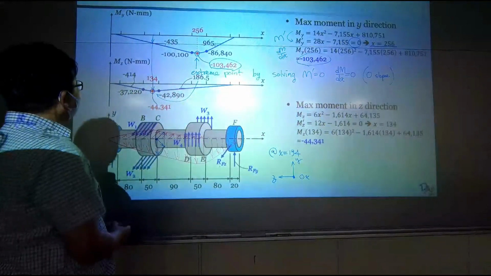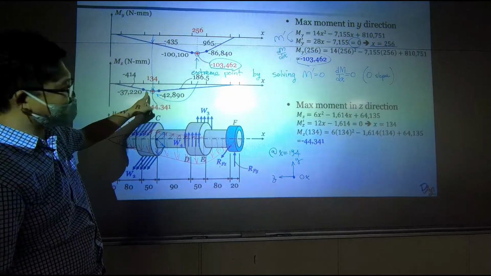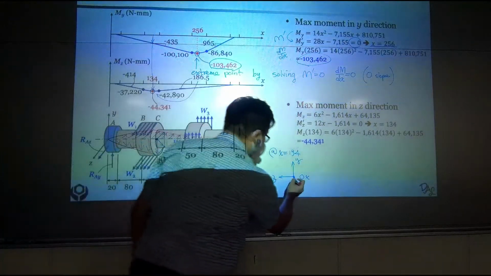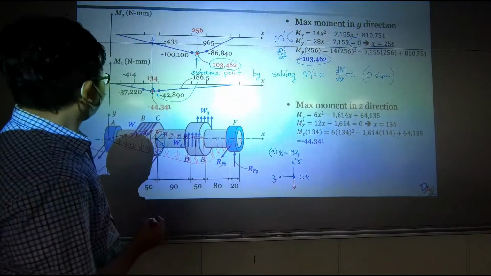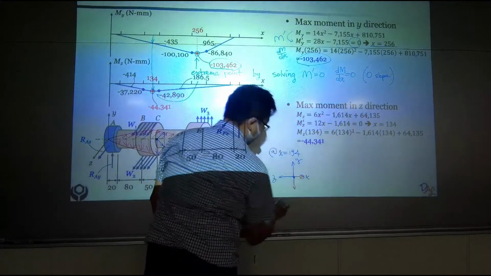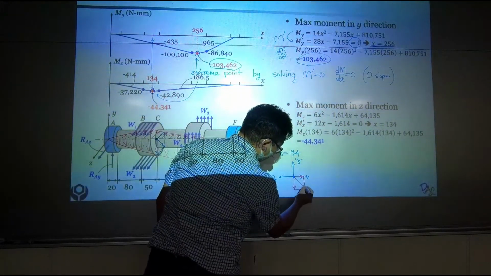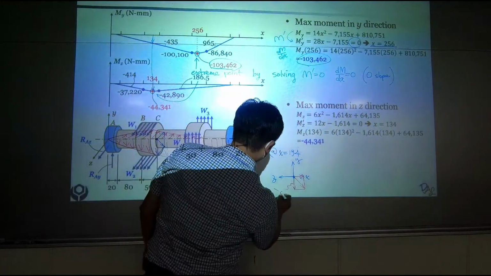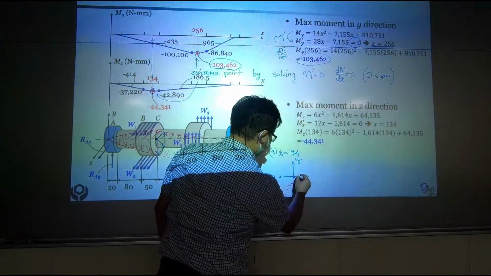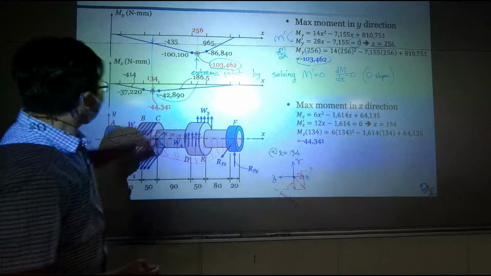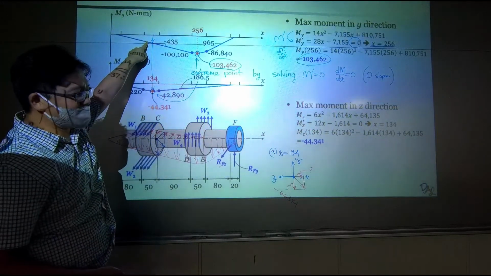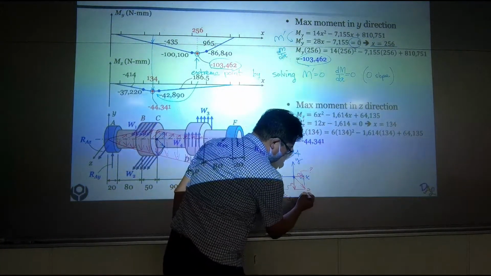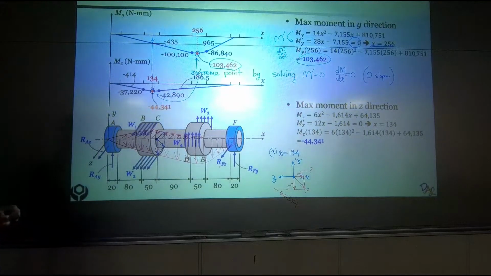So right at the 134 millimeter position, I will have a bending moment going this way, and I have another bending moment going this way. So the sum will be this. So this one over here, this is negative 44341. And this one you need to plug in. You need to use 134 and plug in this linear equation. You can get it. And then at the end, you can calculate what's the total moment at that position.